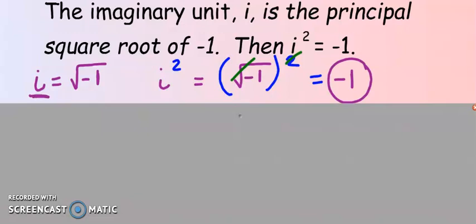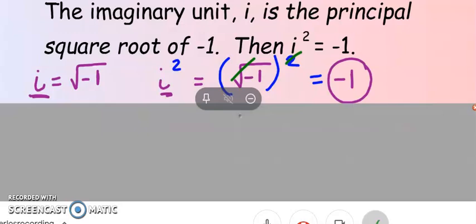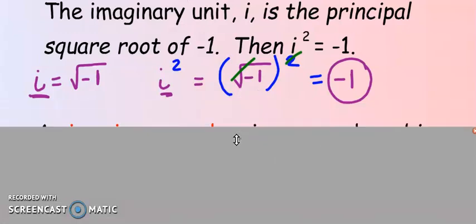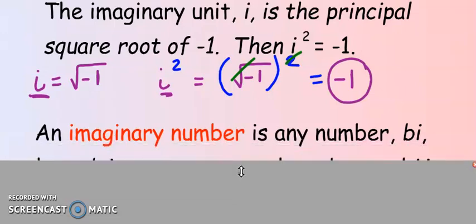If we have an i squared, it needs to be changed over to -1 and then simplified down. Not bad. This is stuff that we hopefully remember. It does continue on with i cubed, i to the fourth, all good stuff, but we're not focusing on that right now. Let's keep moving forward.